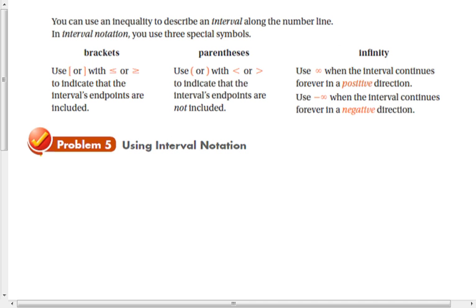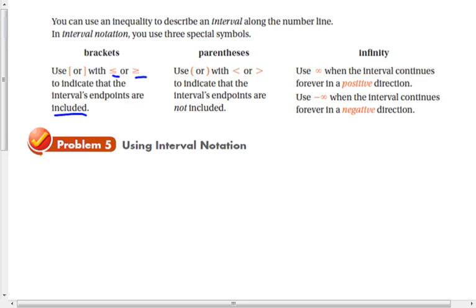All right, and the last thing we're going to learn is how to use interval notation. Interval notation is just making kind of like an ordered pair that represents the interval in the numbers you're dealing with. So you're going to use brackets when you have less than or equal to or greater than or equal to. And so a bracket means it includes that endpoint.